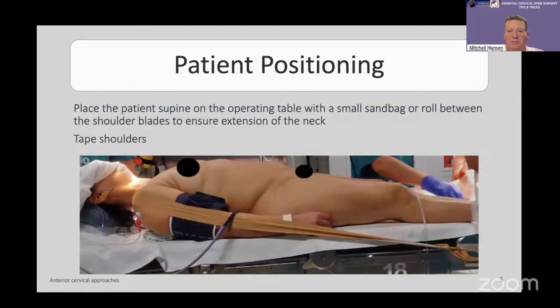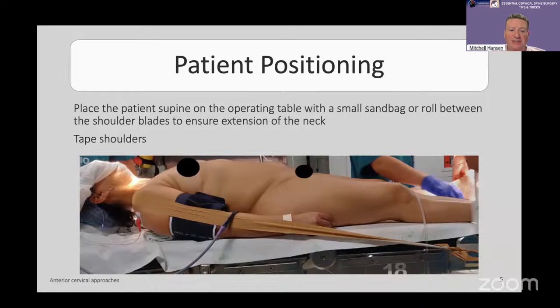Patient positioning is pretty key for the approach. For the subaxial spine, whether I'm doing an arthroplasty or a fusion procedure, patients are placed supine. And I generally put a sandbag or a roll under the shoulder blades to help with the extension, or, in the case of a trauma and there's significant instability, to help stabilize the neck.